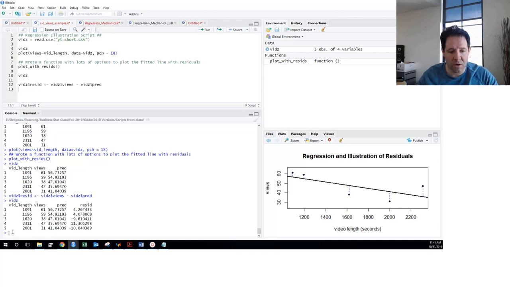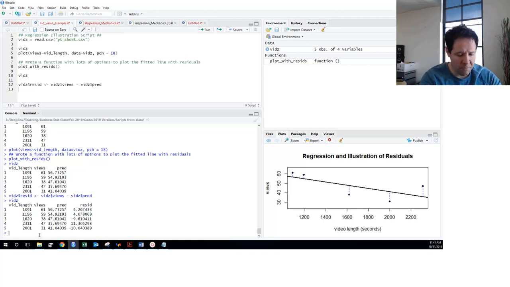Now, what then are the various residuals? The residual for the first observation was 4. For the second observation, it was 4.07. For this one, it was -9. For that one, it was 11. This one was -10.